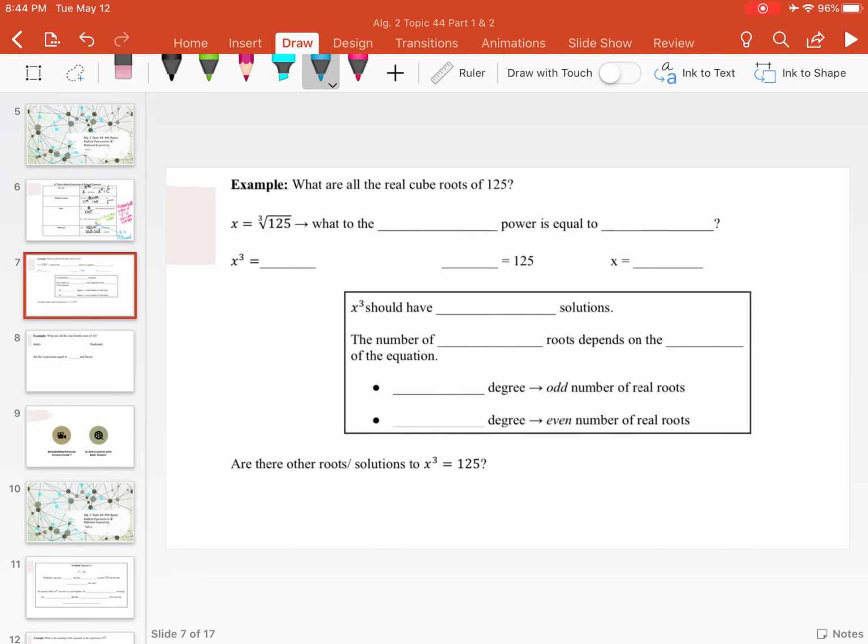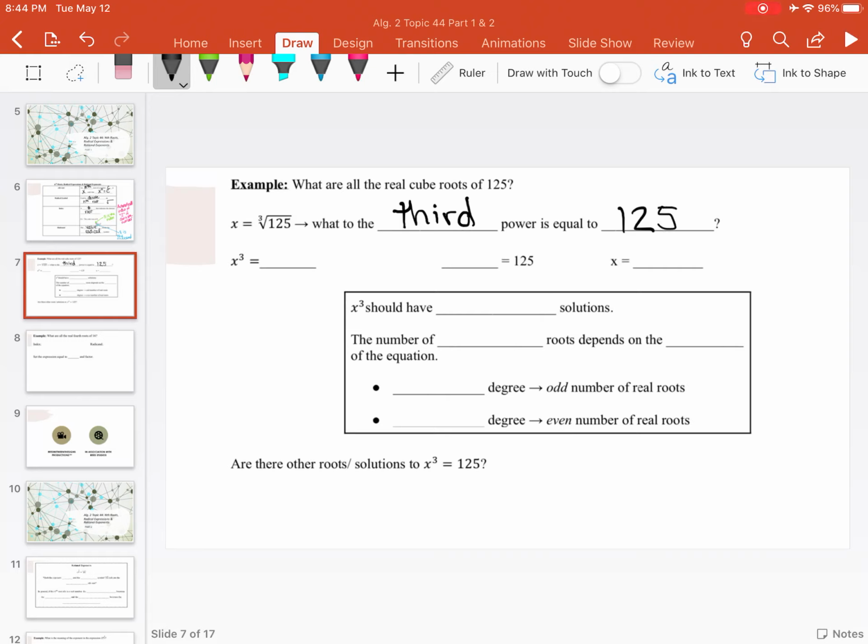Moving along to our first example. What are all the real cube roots of 125? So this is asking, x equals the cube root, or the third root, of 125. So what to the third power is equal to 125?